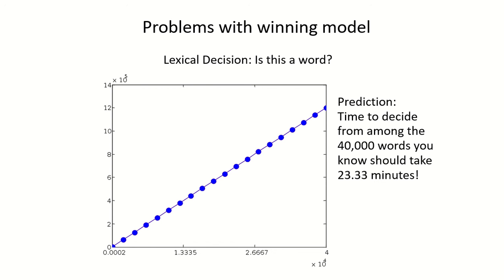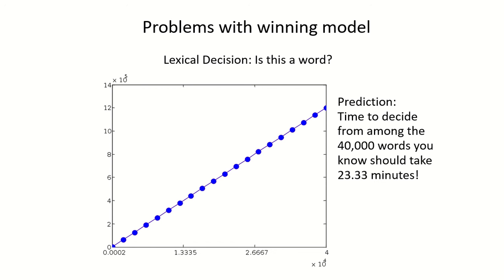If long-term memory access, to answer that question, was serial in nature, it would mean that you would take every single word you knew, compare chair against it one by one, and only once you've gotten through your whole entire set of every word you know would you be able to say yes or no to that question. If that were the case, the estimate would be that it would take you about 23 or so minutes to answer a simple question like, is chair a word?